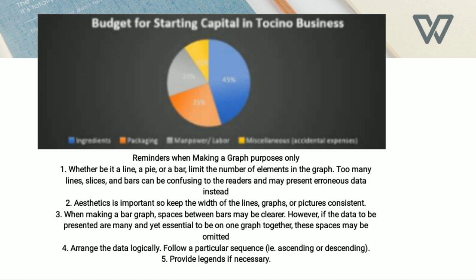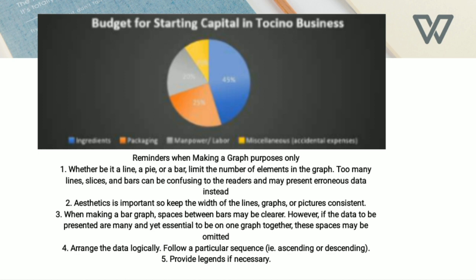Reminder when making a graph, whether it be a line, a pie, or a bar, limit the number of elements in the graph. Too many lines, slices, and bars can be confusing to the readers and may present erroneous data instead. Second, aesthetic is important, so keep the width of the lines, graphs, or pictures consistent. Third, when making a bar graph, spaces between bars may be clearer.